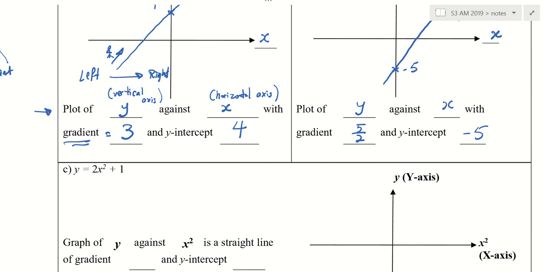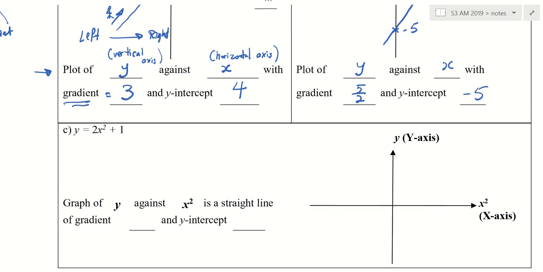Now, let's look at C. Let's say I want to draw y against x. Can you help me draw another axis? y against x. Done, Matthew? Is the axis done? I repeat again: draw another axis and write y on the vertical and x on the horizontal.